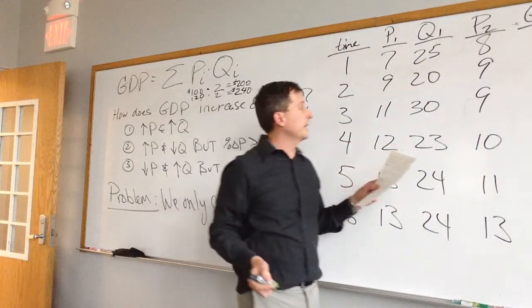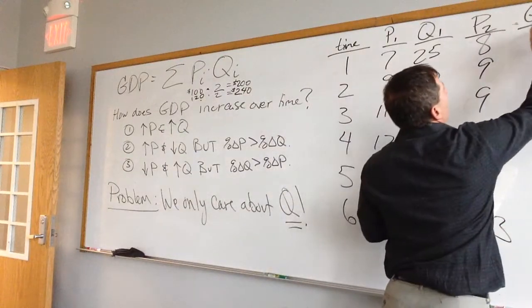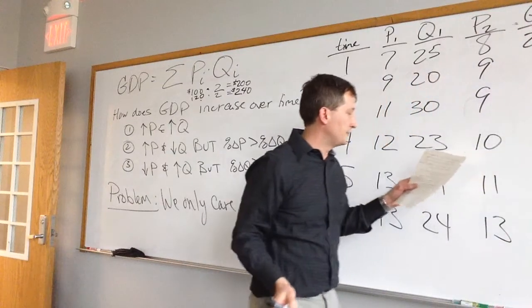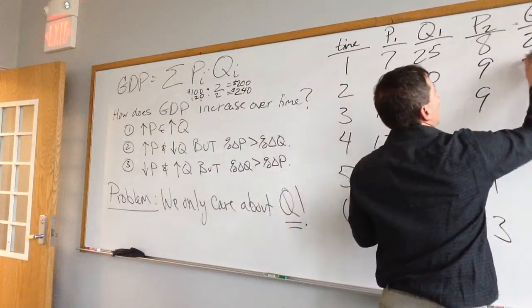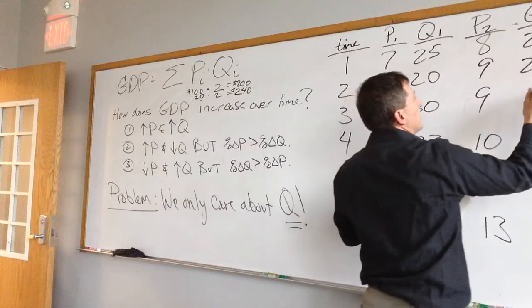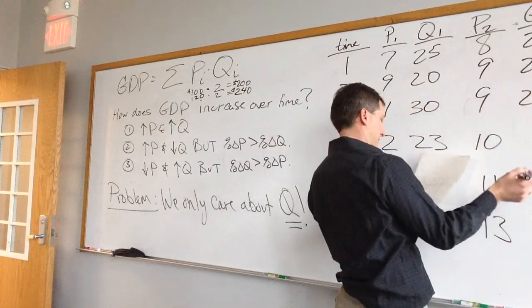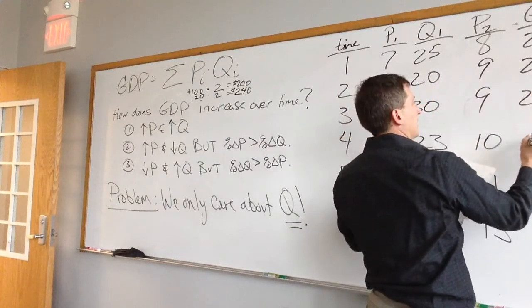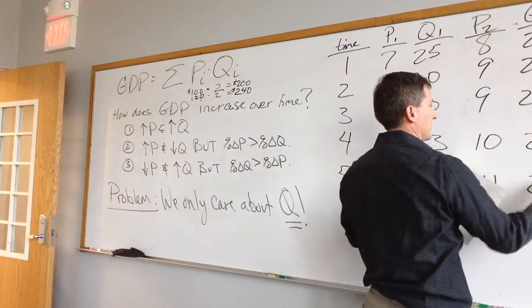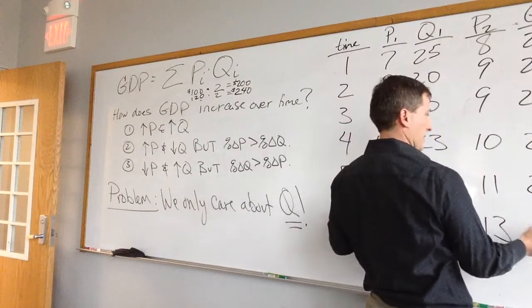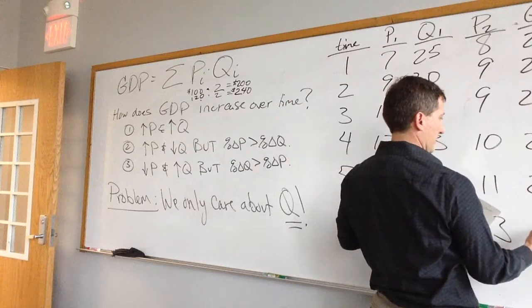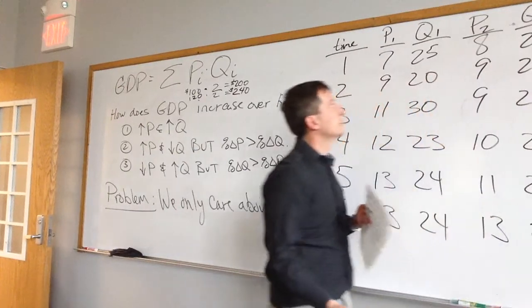And then the quantity of good 2 starts at 20, rises to 25, stays at 25, jumps up to 26, stays at 26, and goes up to 27.